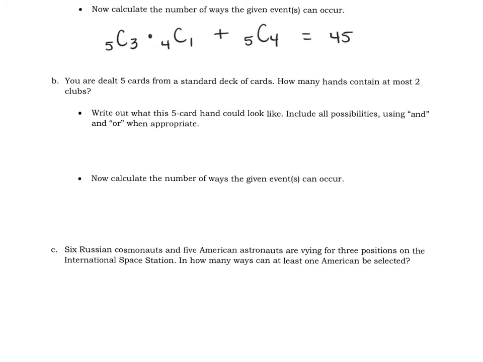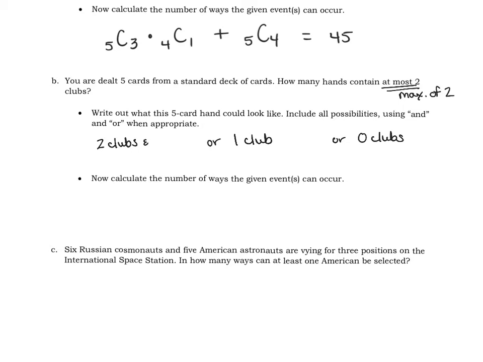Okay, now moving on to an example with a deck of cards. We want to know how many 5 card hands contain at most 2 clubs. And so at most, as a reminder, is a maximum of 2 clubs. So that would mean 2 clubs or 1 club or no clubs. Now, again, you need a 5 card hand. In none of these instances do we have 5 cards in our hand.